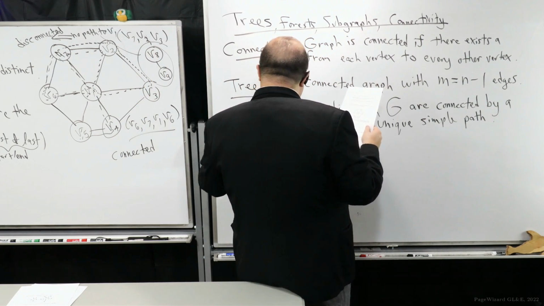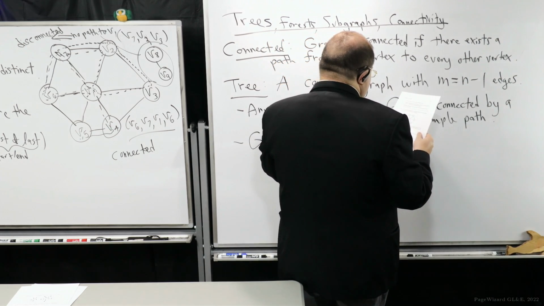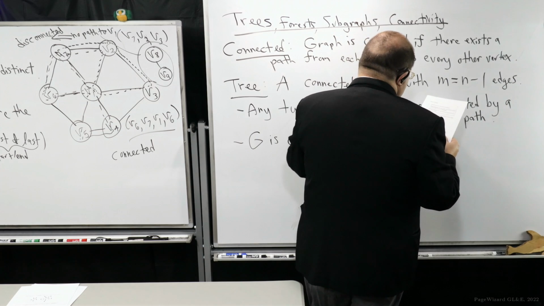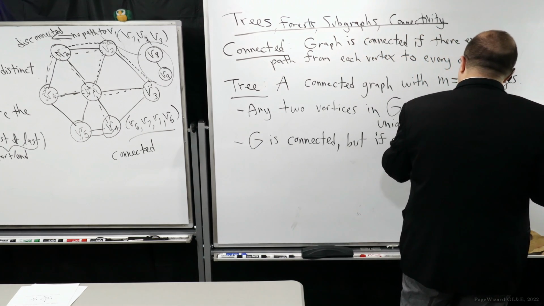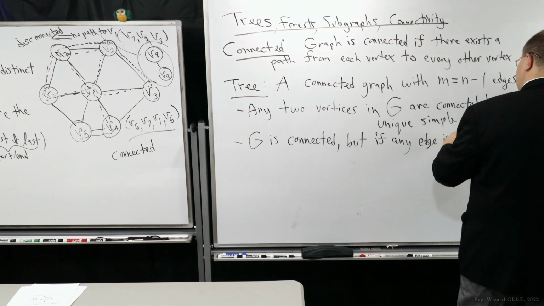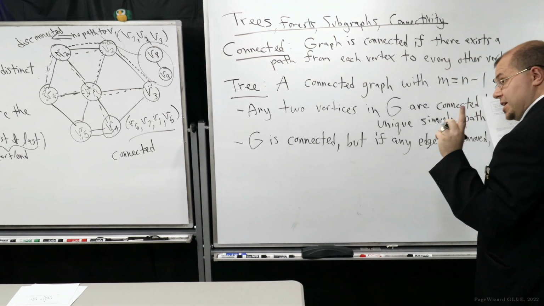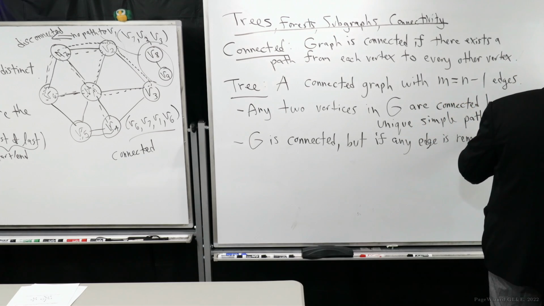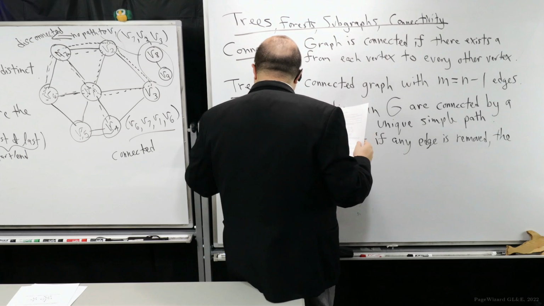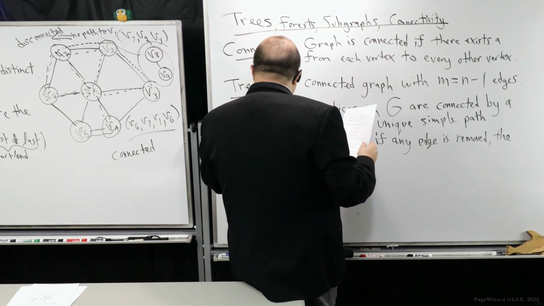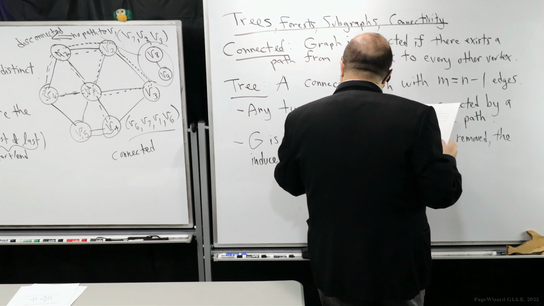Another way you can define a tree is that G is connected, so our graph is connected, but if any edge is removed, the resulting graph, which I'll call the induced graph, so this is the graph that you get as a result of removing this edge, is not connected.